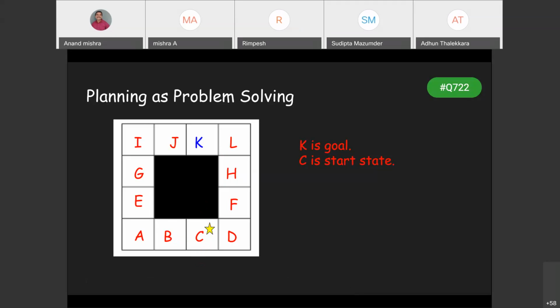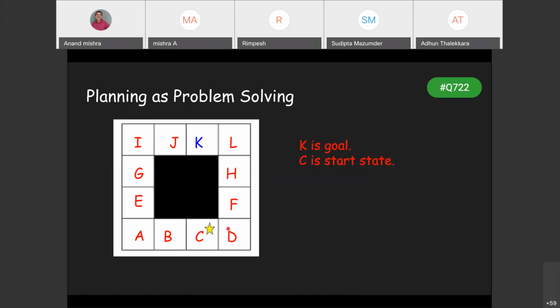So easily you can see I can move east. I cannot move north here, right? Because there is an obstacle here. This black part is an obstacle, so I cannot really hit the obstacle. So I cannot move north, but I can definitely move east, right? I can also move west, there is no problem in that.